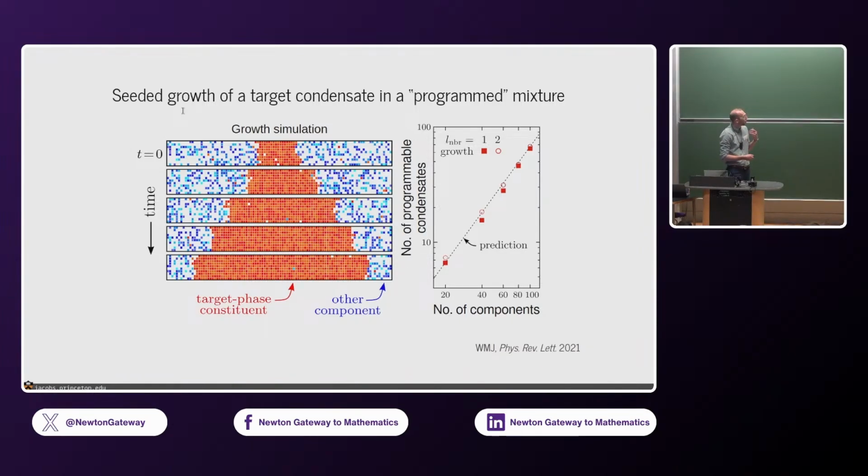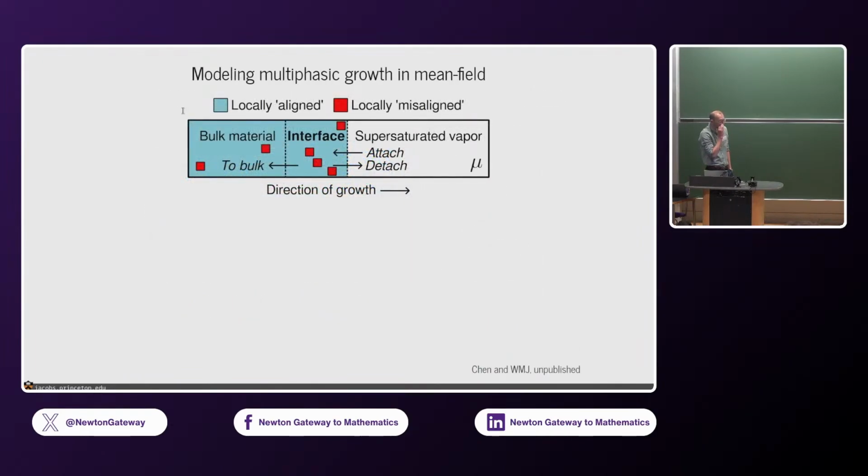Okay. So we wanted to go a little bit farther and understand exactly under what conditions this retrieval process is possible in these sorts of systems. And so we can go back to a simple mean field model where we're thinking about when particles or molecules are incorporated from a supersaturated vapor phase into this bulk condensed phase.